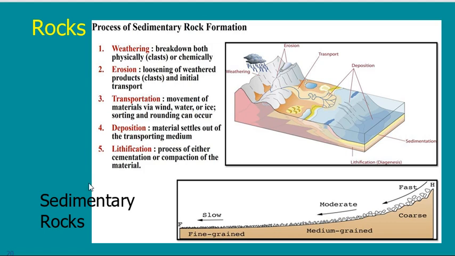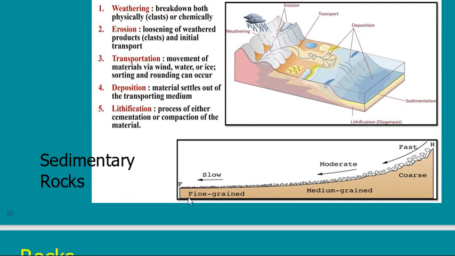So when deposition happens, by the way, this will show you the water coming full of material. At this location, the velocity is a little bit high, so only big material will settle down. Then later the velocity will decrease, so medium grains will settle.